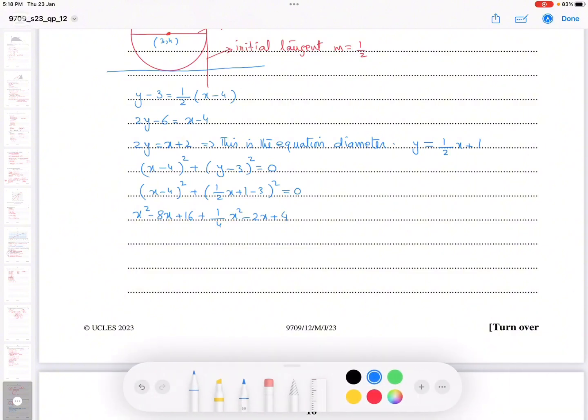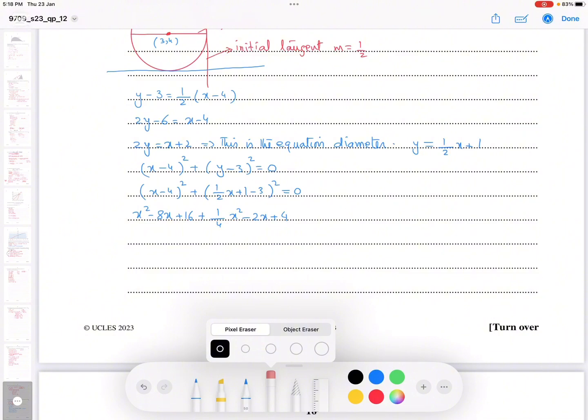Actually 1 minus 3 is minus 2, so let me correct this one. Sorry, this one will become minus 2.